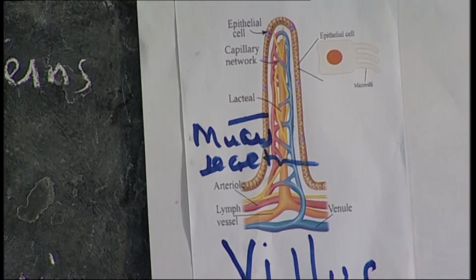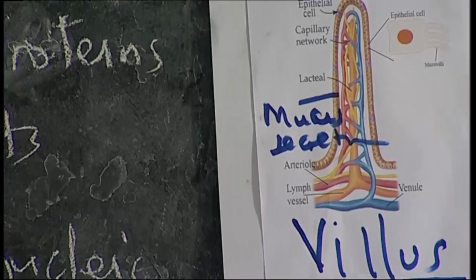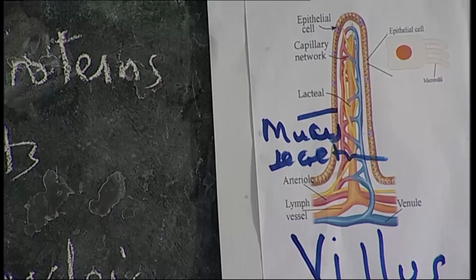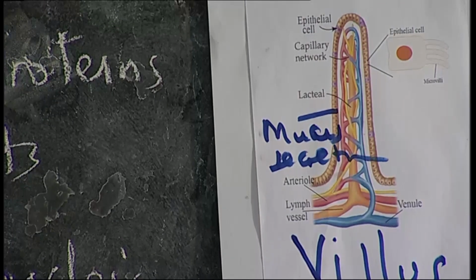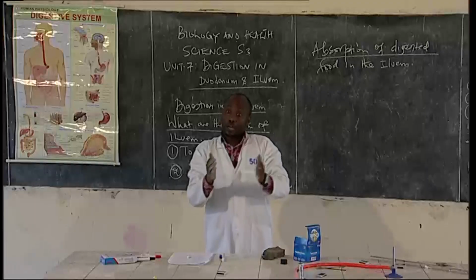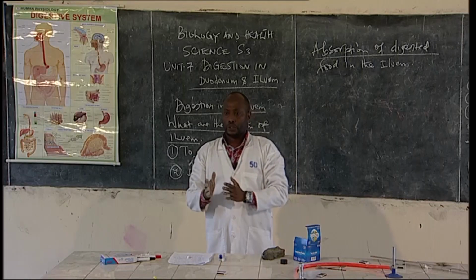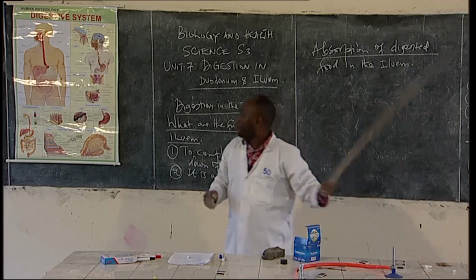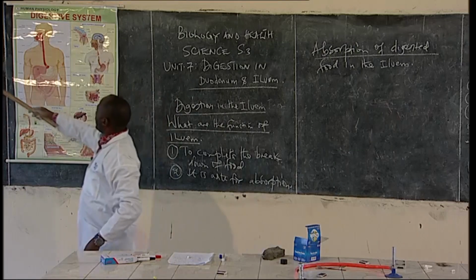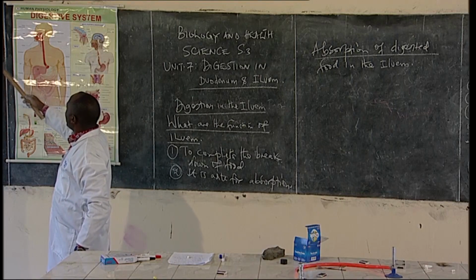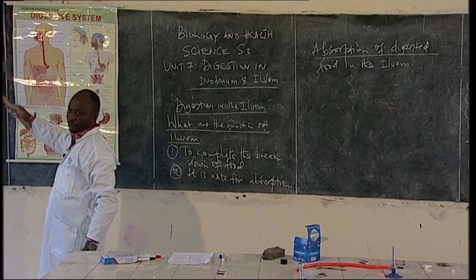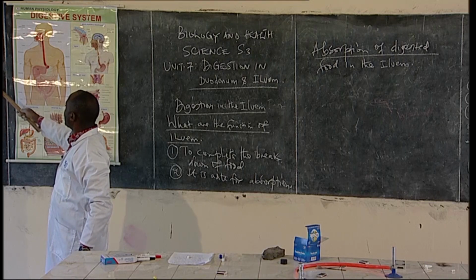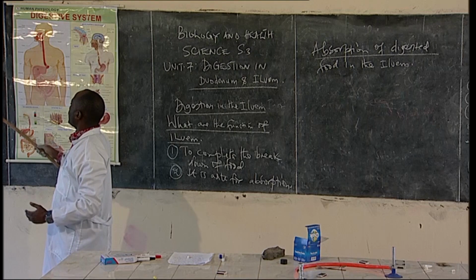Let's talk about the adaptations that enable the villi to perform their function. Number one, we have a large surface area over which absorption can take place.